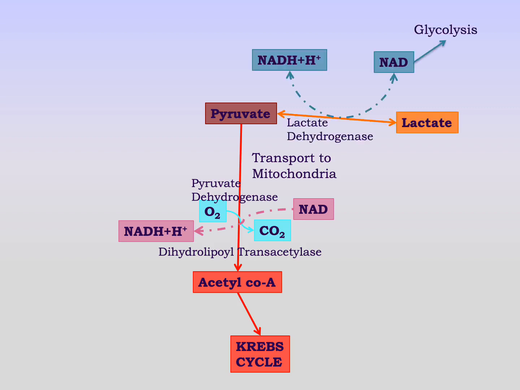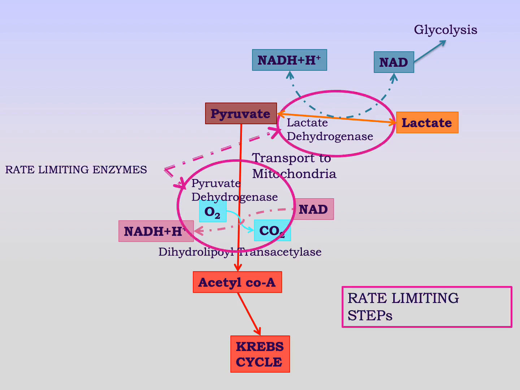If, on the other hand, we still need ATP, but we don't have enough oxygen available, or we want to propagate the continuation of glycolysis, we have to get NADs back. And so what ends up happening is that lactate dehydrogenase is going to go about reducing pyruvate into lactate, allowing for the regeneration of NAD to go back into glycolysis.